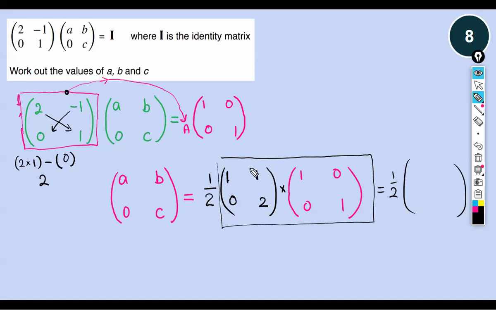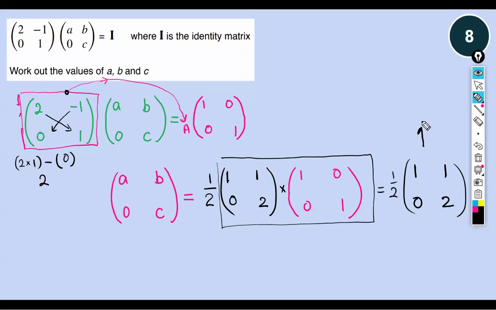And this is the inverse. So I'm getting a 1 here, a 0 here, a 1 here, and a 2 there. And a lot of people are getting that answer.